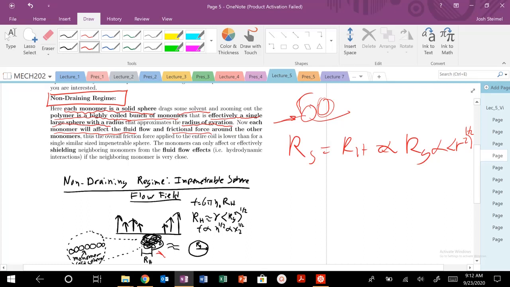So fluid is not going to interact with every monomer unit. The overall friction is going to be lower than if the fluid interacted with every single monomer. The monomers are basically shielding their neighboring monomers from the fluid flow effects.